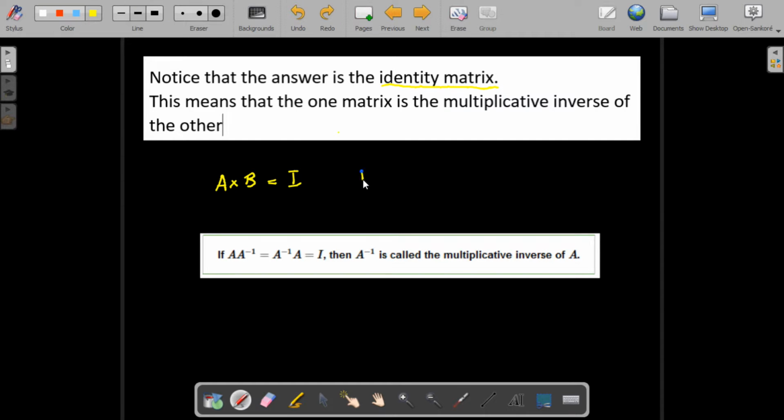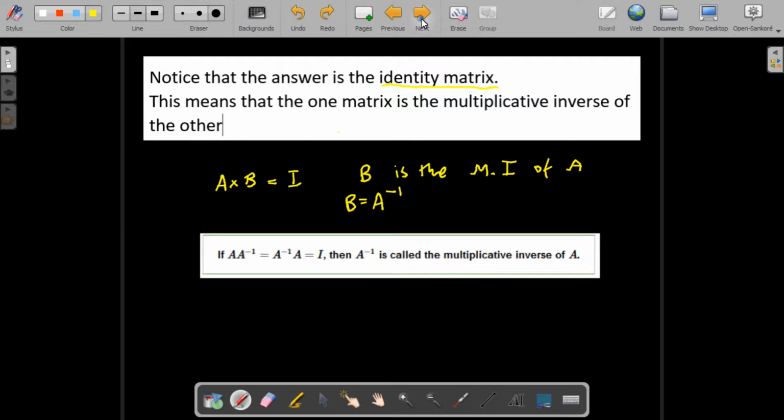So we can say that B is the multiplicative inverse of A. And what we should write instead of B is that B should actually equal A to the minus 1, or the inverse of A. So that's what we're looking at. That's the official definition, so it'd be good to copy that down.